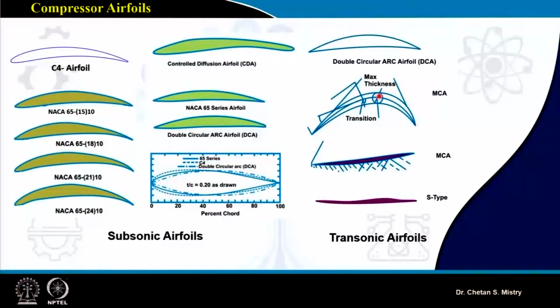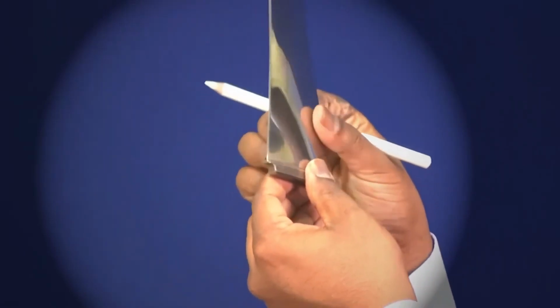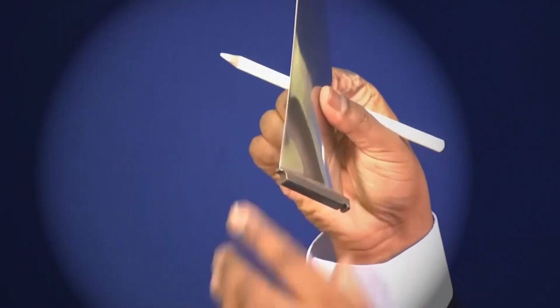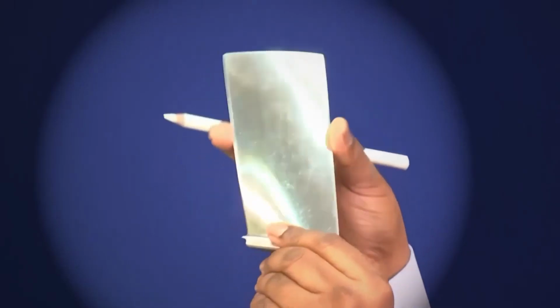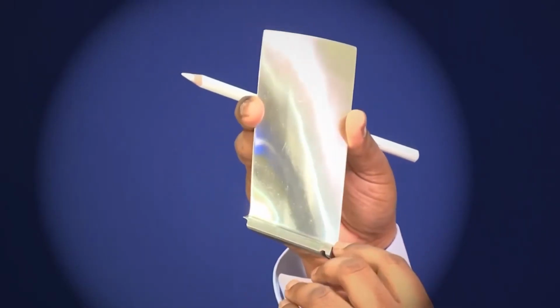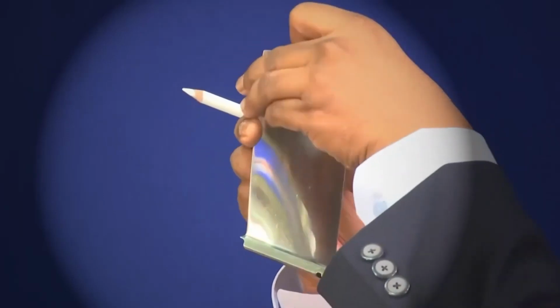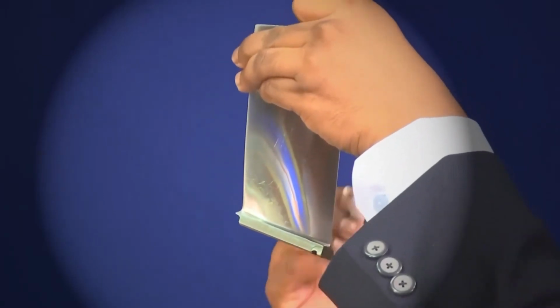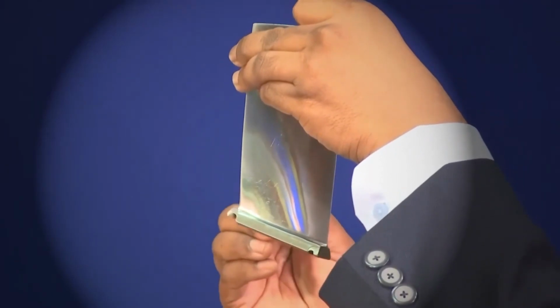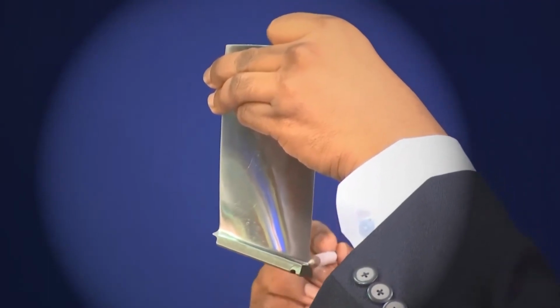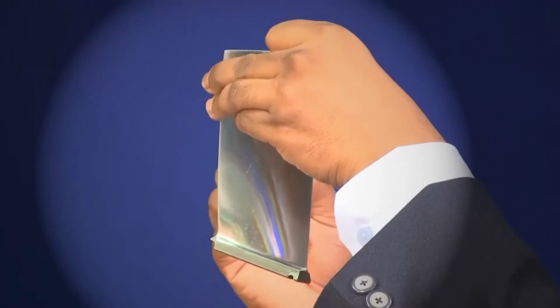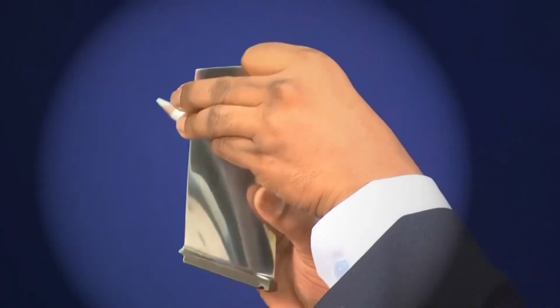Now let me show you one of the blades for an LP fan. I was talking about change of area. This is my entry and this is my exit. This is what we define as the leading edge, and this edge is defined as the trailing edge.